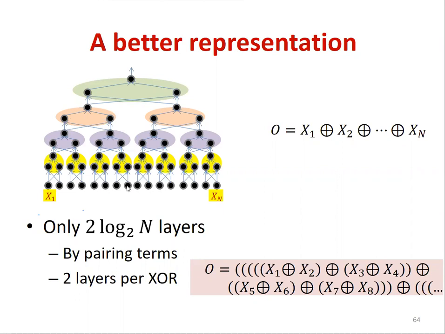And so because at each point I'm grouping pairs of variables, the number of such blocks is going to be log 2n. And within each block, you have 2 layers to compute the XOR. So I can do this entire circuit using as few as 2 times log n layers.